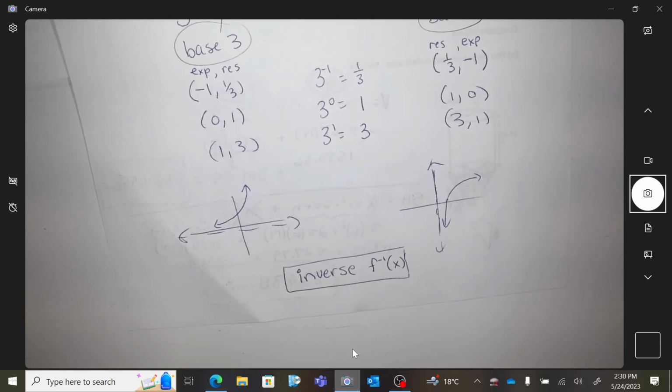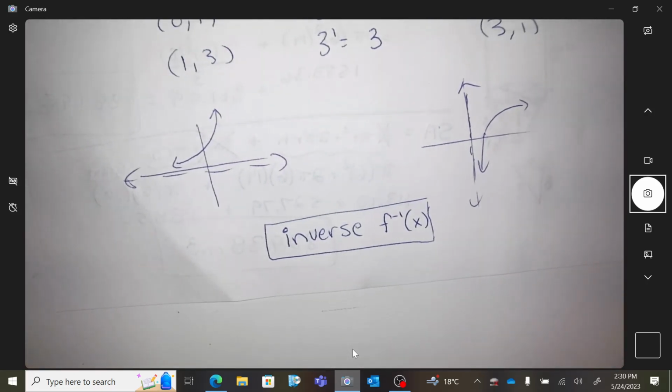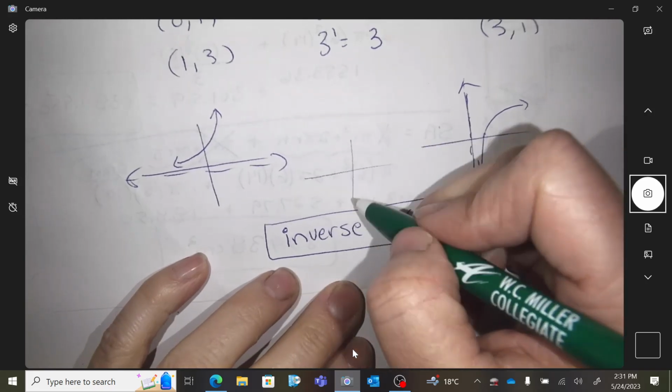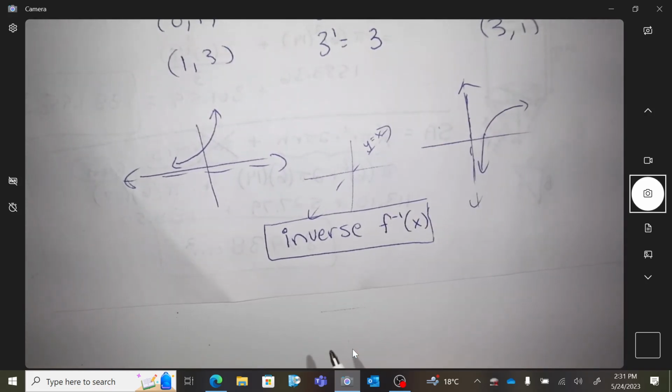They're inverses of each other. Do you also remember what physically happens on a graph of an inverse? Do you remember that concept? What's physically happening on a graph? It reflects over y equals x.